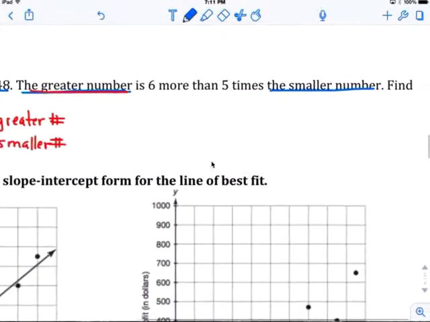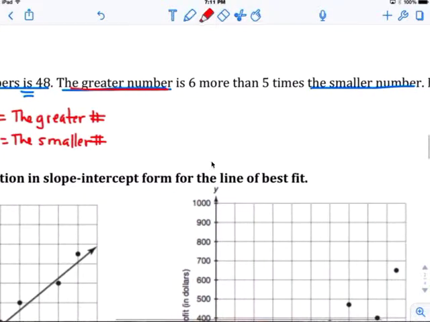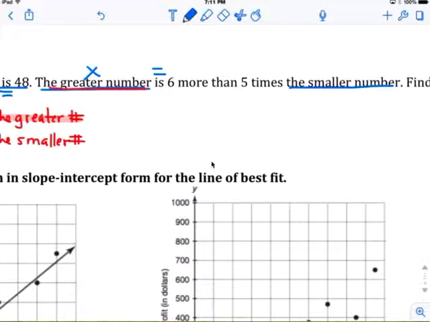Then let's read this. The greater number, here's the greater number, x, is equal to 6 more than, flip, so more is plus 6, 5 times the smaller number.